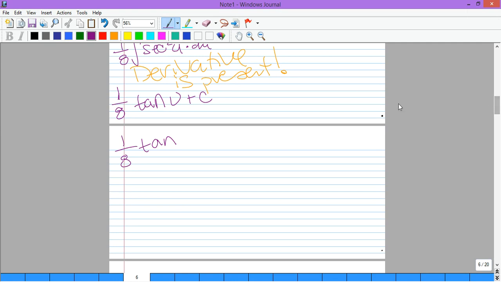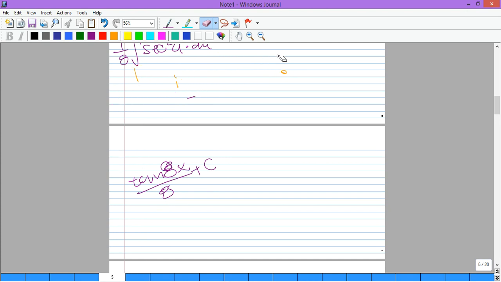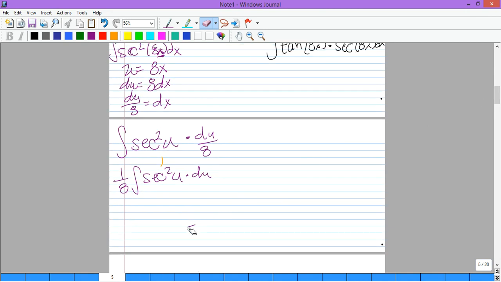So my u is equal to 8x. And then this is going to be a plus c. So of course I can multiply it properly, simplify it again, and say that it's tangent 8x over 8 plus c. I can do that as well. It's the same thing. I'm going to leave that at the bottom, because we've got two more to do. We have two more integral problems to complete.